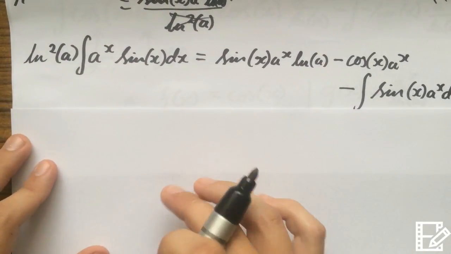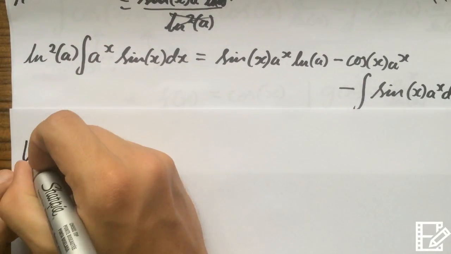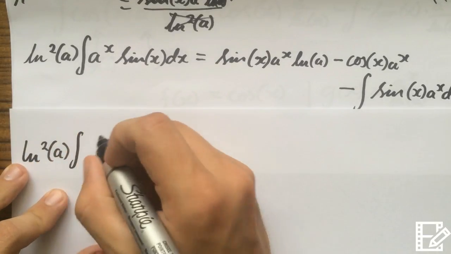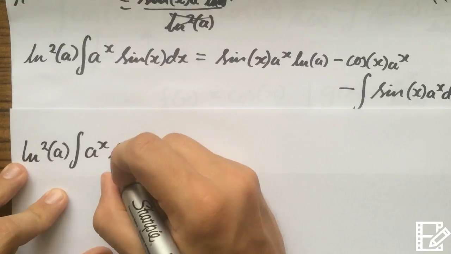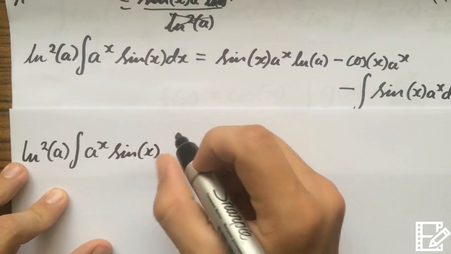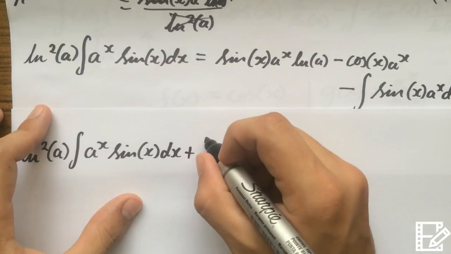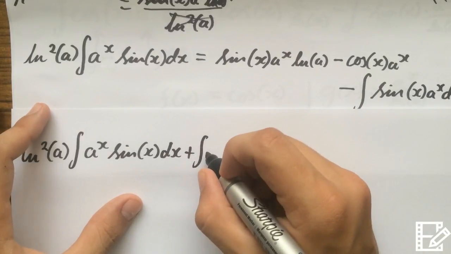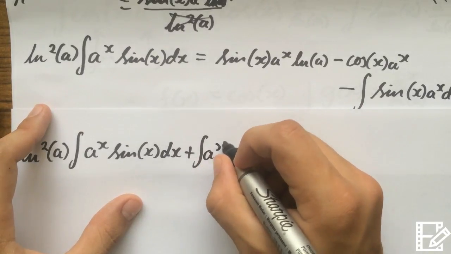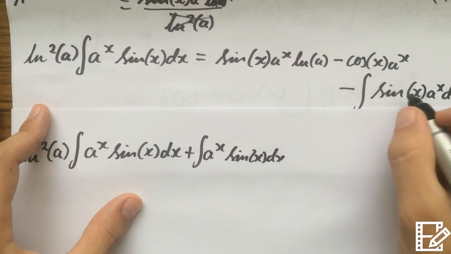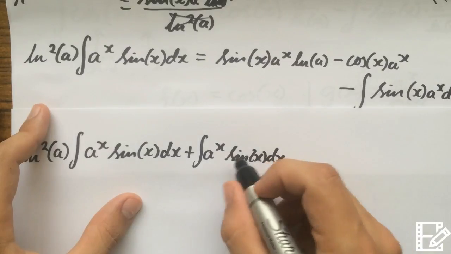Okay. So we have ln squared of a integral of a to the power of x sine x dx plus the integral of a to the x sine x dx. Now, I just rearranged these. That equals the exact same.